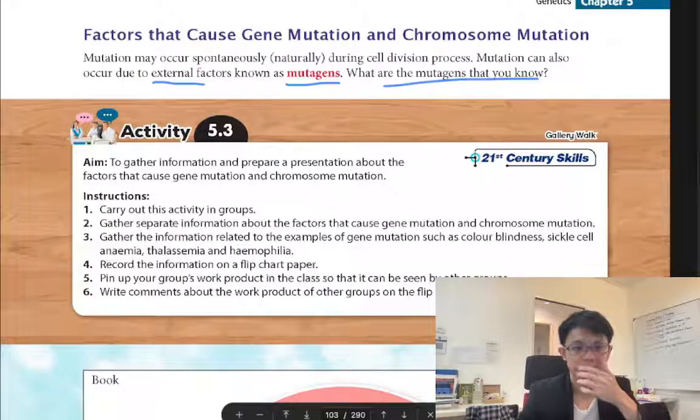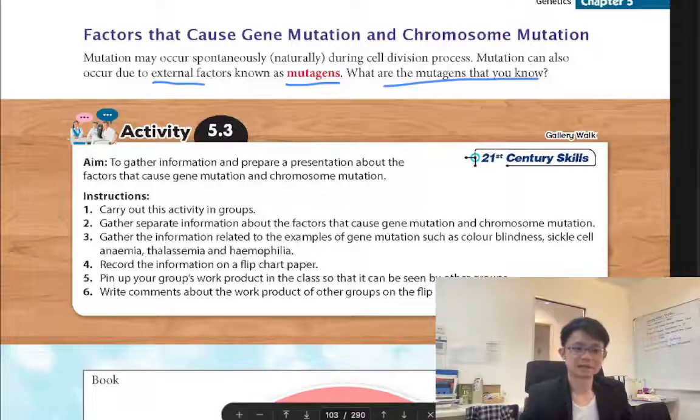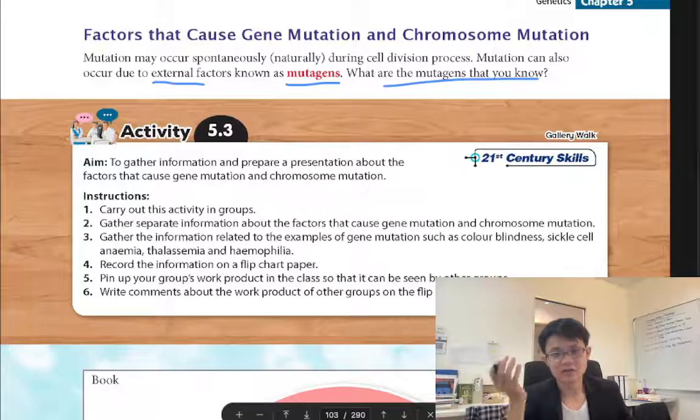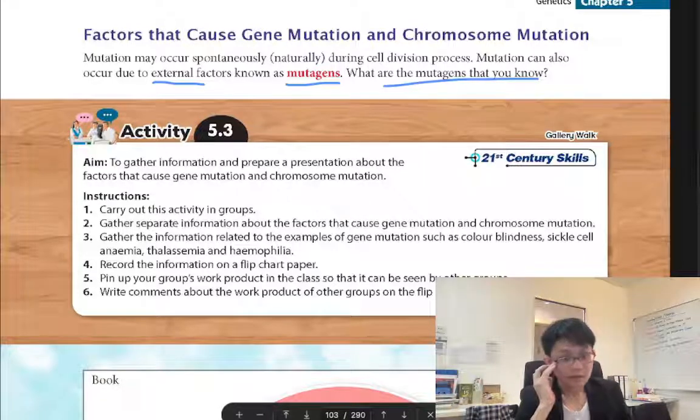Genetic material, usually DNA, is altered in an organism and thus increases the frequency of mutation above the natural background level. Okay, so anything that causes a change of DNA and harms the cell, anything that causes the mutation.